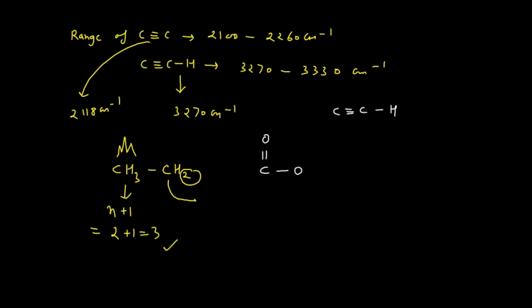Similarly, if you want to calculate the methylene hydrogen splitting pattern, again you use the rule N plus 1, and the number of neighboring hydrogens in this case is 3. This gives 3 plus 1 equals 4, so this is a quadruplet.